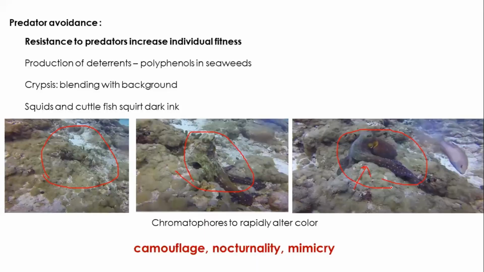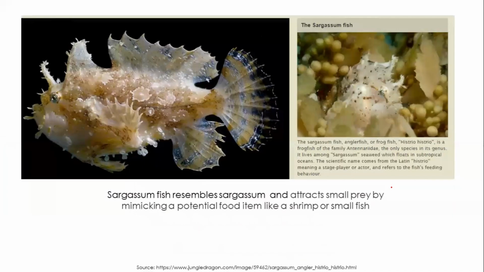So the first way of predator avoidance, we saw, is production of deterrents. Second is crypsis behavior. Again, you can see in this particular example, if I show you just this image, you may not be able to identify that there is a fish in the sargassum. These are sargassum leaves, right?